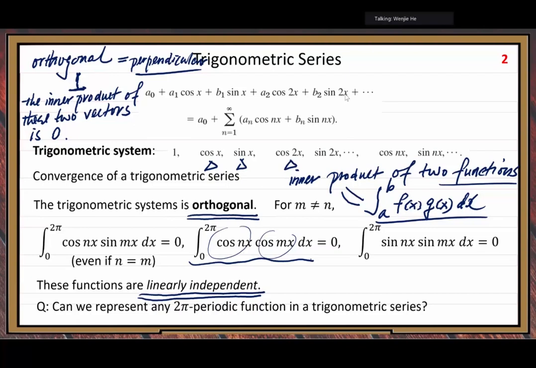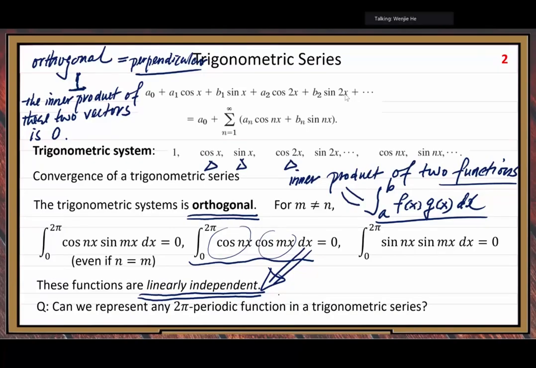With this understanding, can we use the orthogonality property to derive this linearly independent property? All these functions are orthogonal.